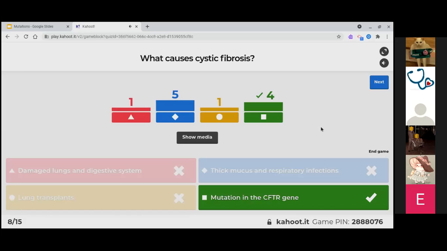Okay, so cystic fibrosis is caused by a mutation in the CFTR gene. Thick mucus and respiratory infections are a symptom of cystic fibrosis, so it's not really what it's caused by. Damaged lungs and digestive system is also an effect of it. And lung transplants are a way to treat it.